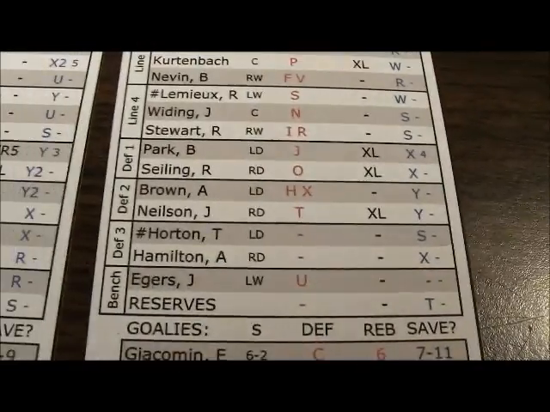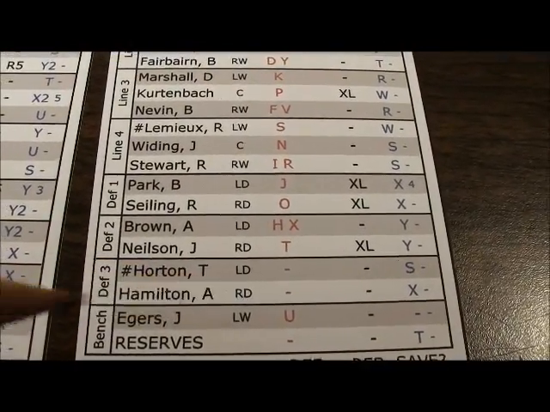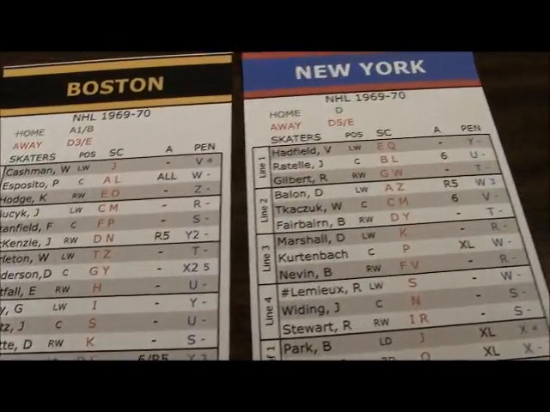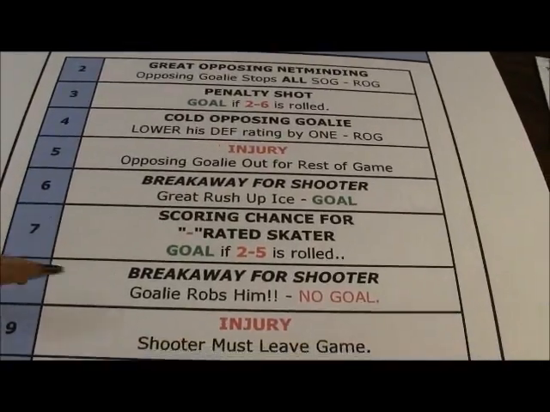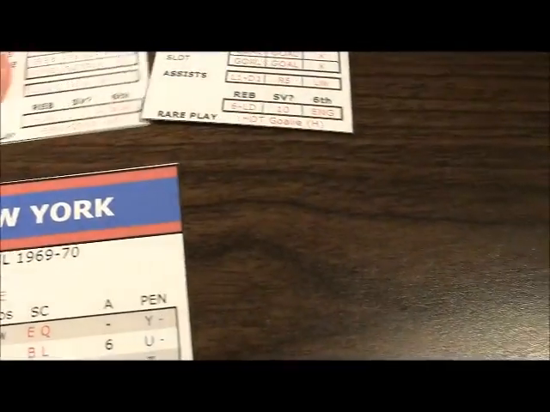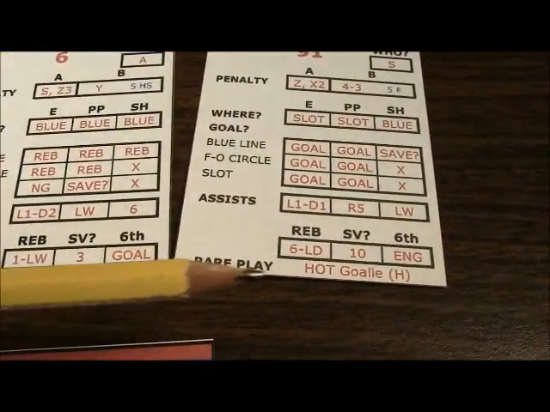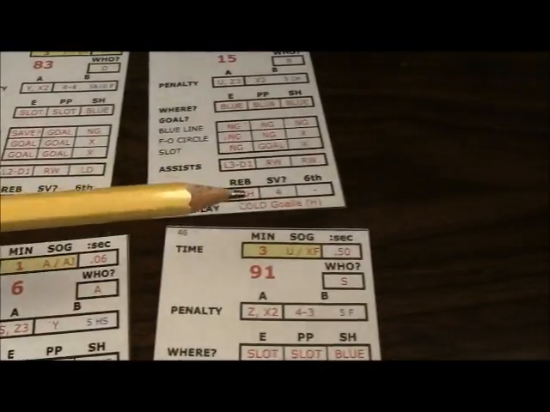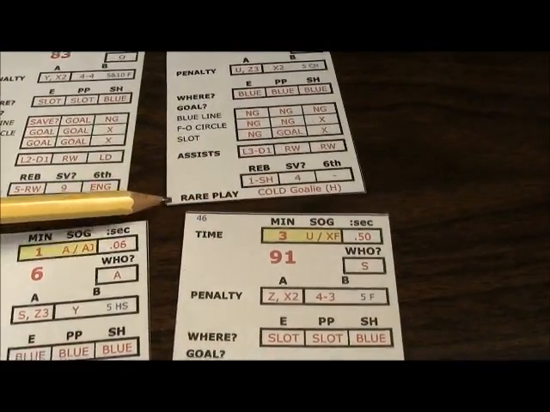So those 4 players that we just showed you do have an outside remote chance of scoring a goal if the rare play reading comes up and you either roll the 7 if you're using the dice version, or if it happens to come up on the cards. I don't see an example of that on the cards that are out, but it will be on the bottom here where it says rare play.